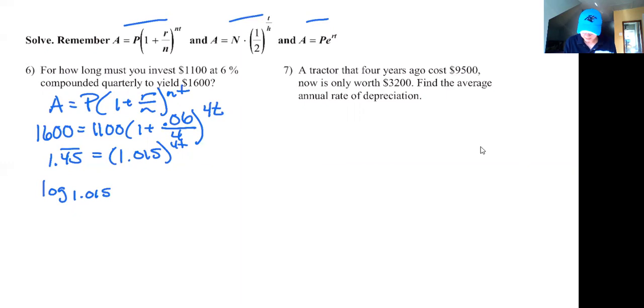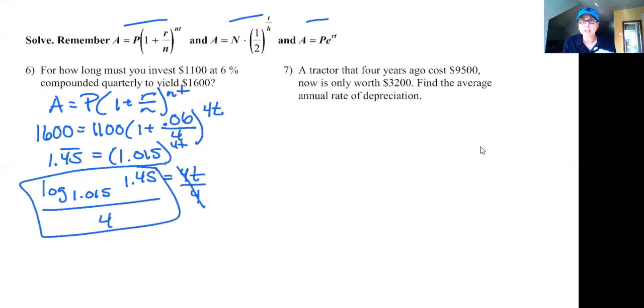This is bacon and eggs, right? Right away, I'm going to divide everything through by 4. And this is everything I'm going to put into my calculator, all right? Do not leave your answer like this. Let's get an actual answer. Nobody's going to walk into the bank and say, how long do I have to leave my money in to get this amount for yield?